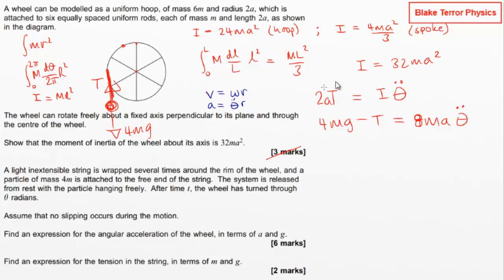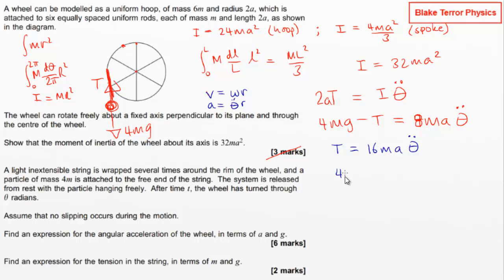Right, so we can solve all of these. Let's rewrite the first equation to put in what I is: 32ma squared theta double dot. Let's divide both sides by 2a then. So T is equal to 16ma theta double dot. We want to work out theta double dot, so let's sub that into the second equation. 4mg minus all of that is equal to that.